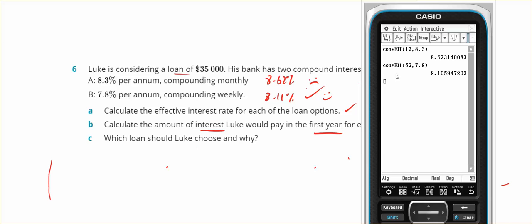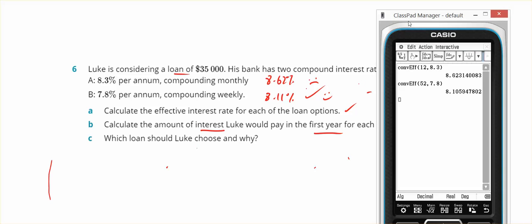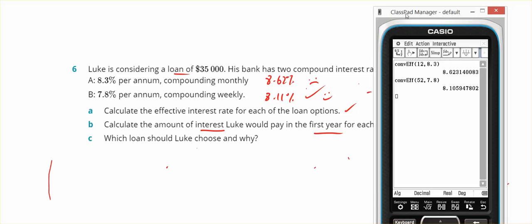Well, we don't really need to work with R values. All you need to do is be able to calculate the interest of a loan, because we want to see how much interest is paid in the first year. So all you have to do is find 8.62% of the principal.